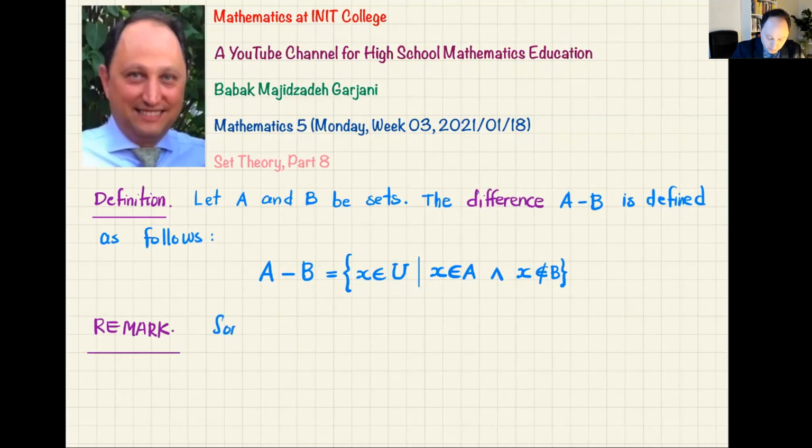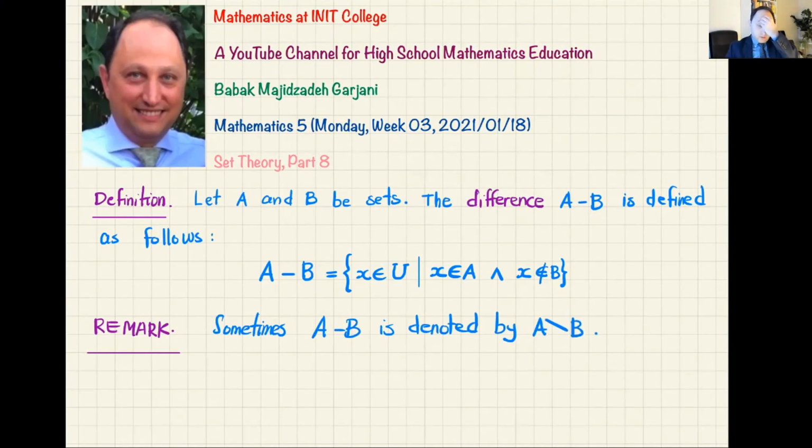Sometimes A minus B is denoted by this symbol. Okay, but I usually use this difference, the normal subtraction.